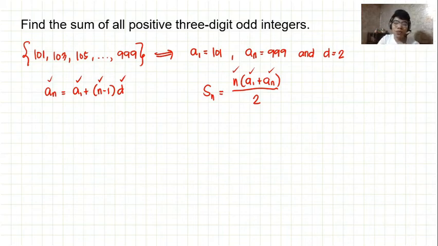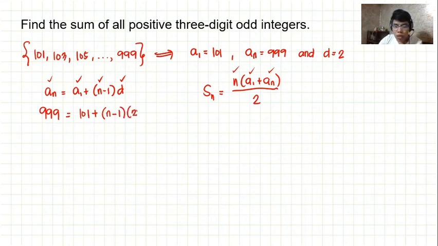Okay? So, first, a sub n is 999. So, we have 999 equal to, okay, we have a sub 1 is 101 plus n is unknown minus 1 and our d is 2.